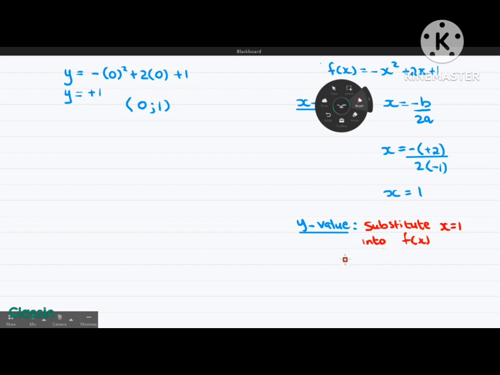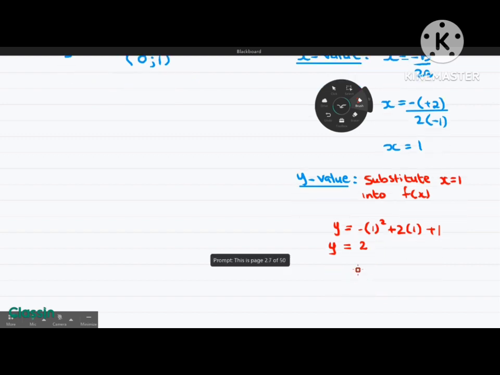So we take our f of x, then we substitute with 1. Then it means that we have y equals minus 1 bracket squared plus 2 into 1 plus 1. So when you press the calculator, you will get that your answer is 2. So it means that y equals 2.